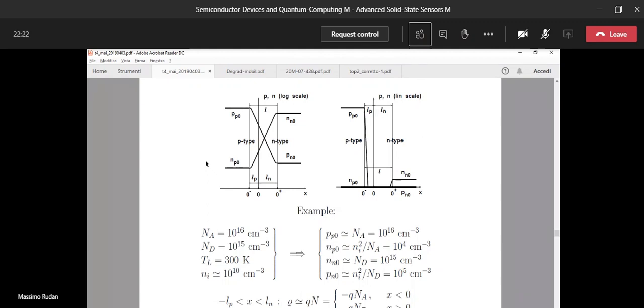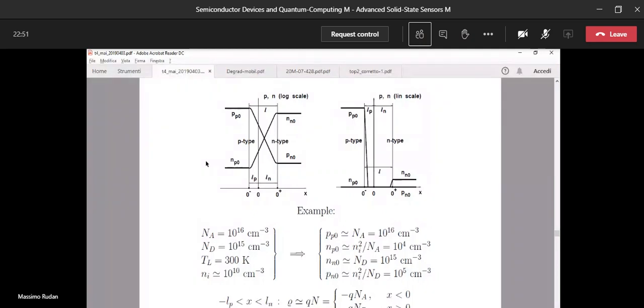That is 10 to the 15th, so it is 10 times lower than PP0. So in a linear scale, it is much below with respect to PP0. Then the minority carrier concentrations NP0 and PN0 are practically invisible because they are orders and orders of magnitude smaller than the corresponding majority carrier.